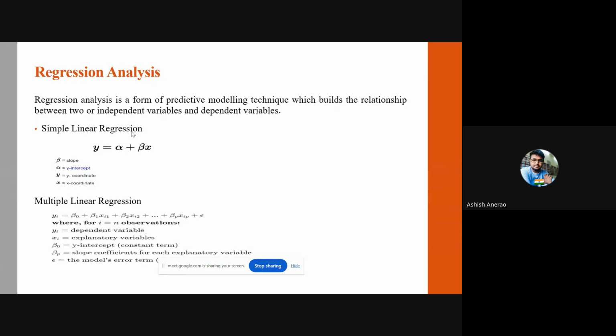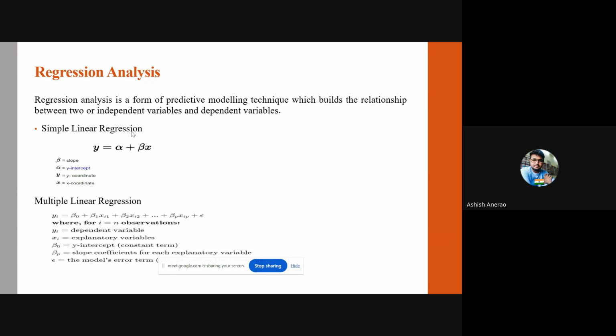Here y is the dependent variable, x is an explanatory or independent variable, beta naught is the intercept, and beta i or beta p is a slope coefficient. When a unit change occurs in x1, how much change takes place in y, that is indicated by beta 1.